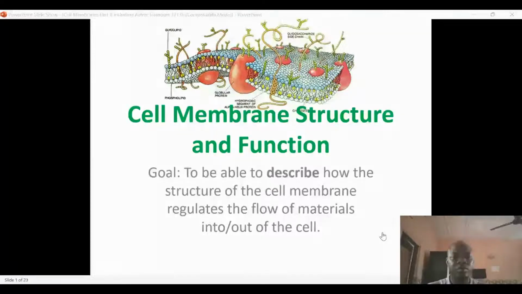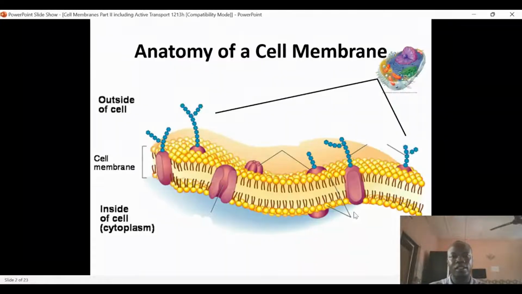Today's class, we are going to look at the cell membrane structure and function, starting with the anatomy of a cell membrane. The cell membrane is found between the outer part of a cell and the inside of the cell.